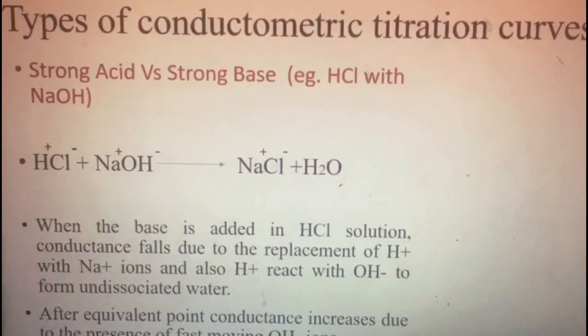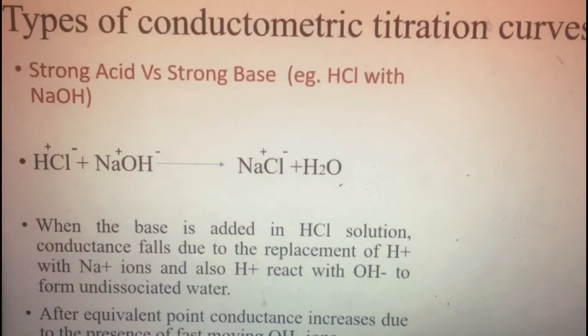Now we will discuss different types of conductometric titration curves. The first one is strong acid versus strong base. An example is HCl versus sodium hydroxide. Here in the conductivity cell, in the beaker, we are taking HCl, and in the burette we are taking sodium hydroxide. First, in the conductivity cell only hydrochloric acid will be there.